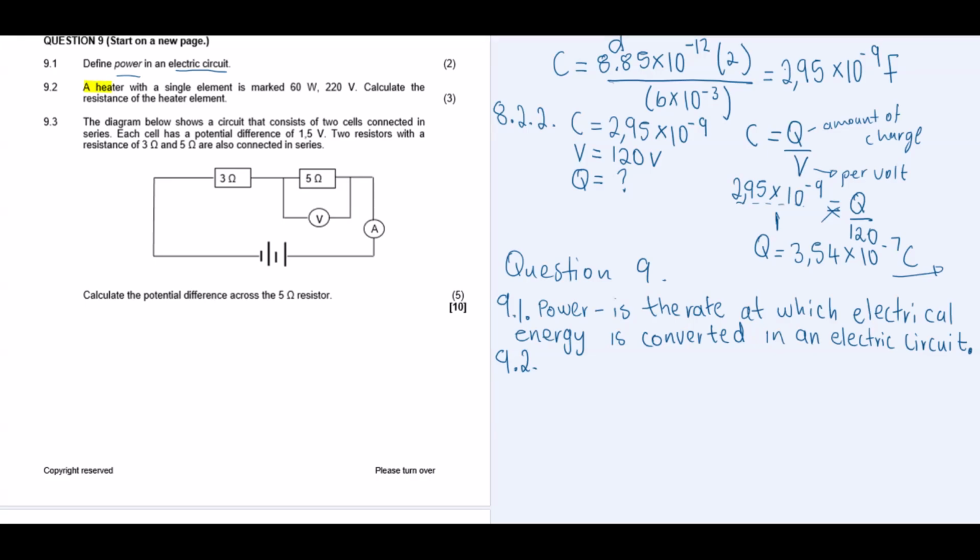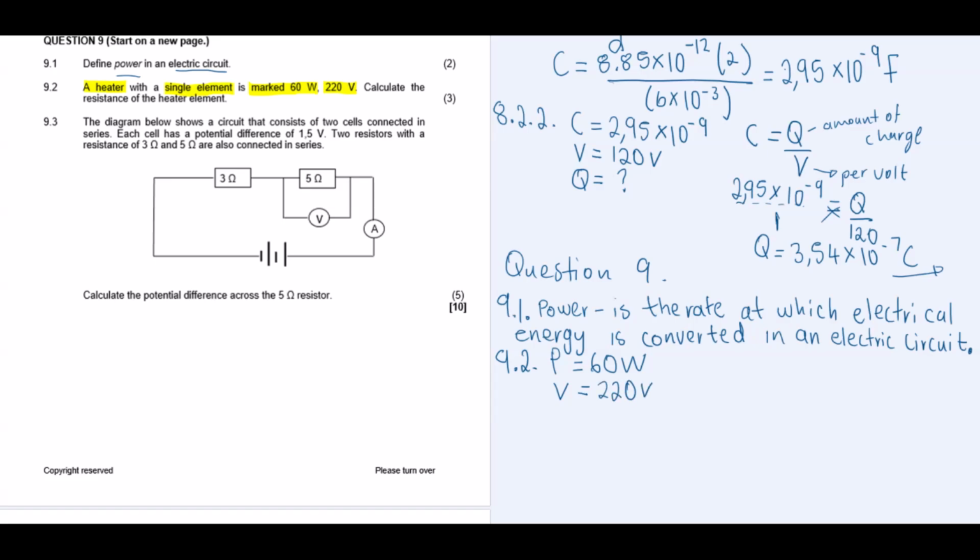They're saying that a heater with a single element is marked 60 watts and 220 volts, right? Calculate the resistance of the heater element. According to the information given here, we're given the power: 60 watts is the power.